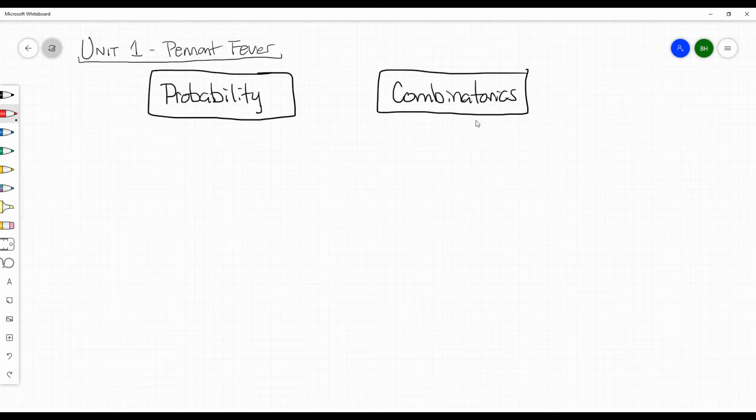When we speak about combinatorics, what we essentially have done this year is looking for the number of ways or groupings that events can happen.